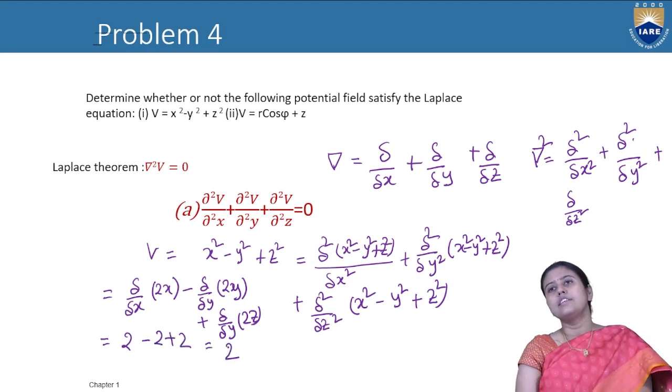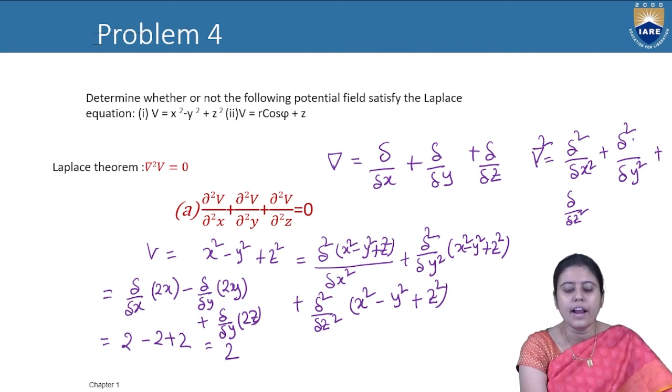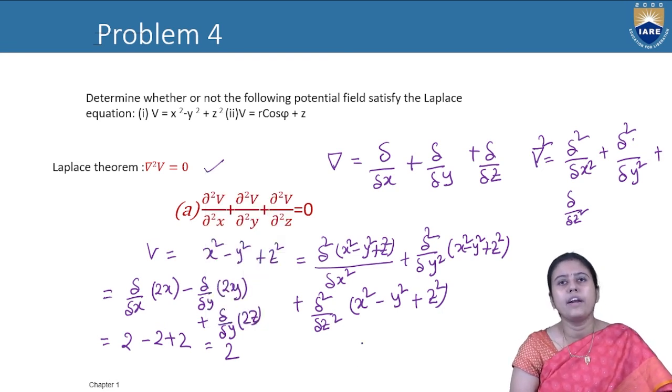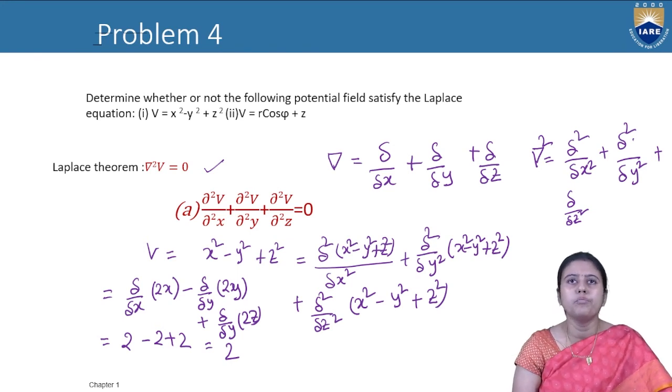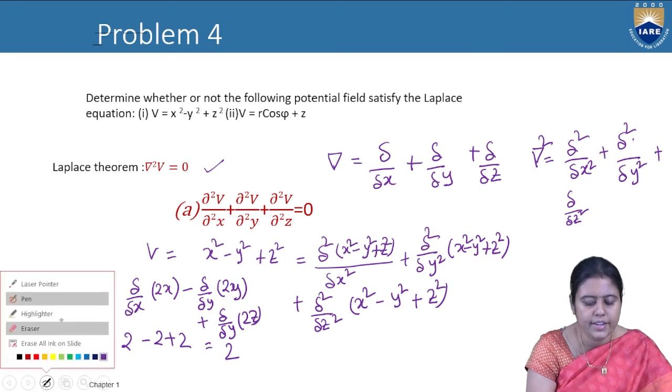As the result is 2, does this satisfy grad square V equals 0? No, because only if grad square V equals 0 can we prove the Laplace theorem. So we are getting the value equal to 2.